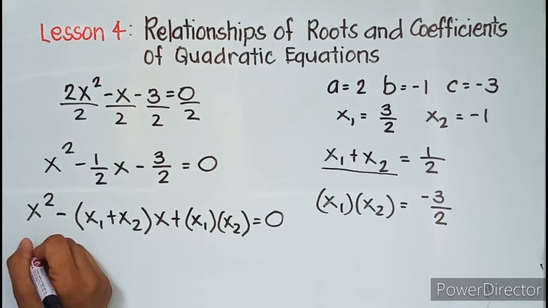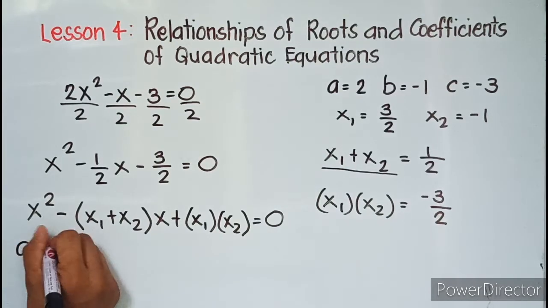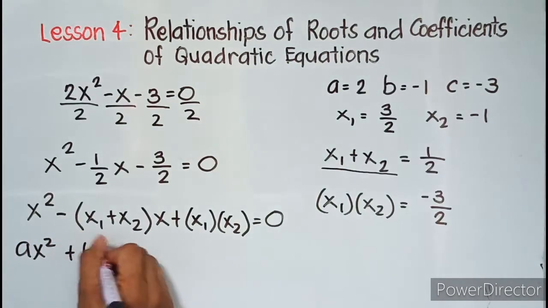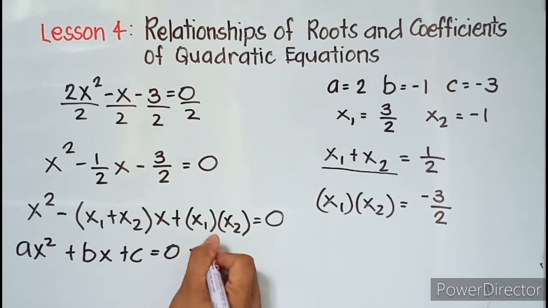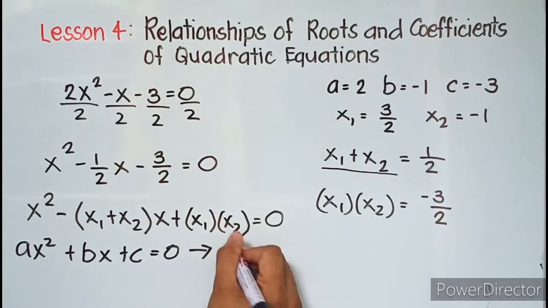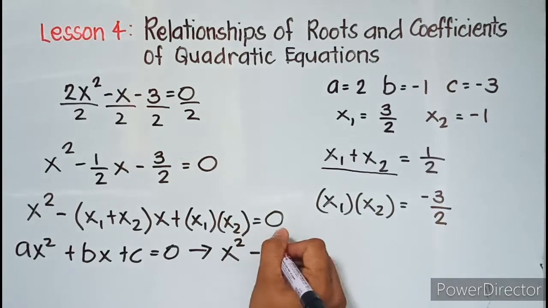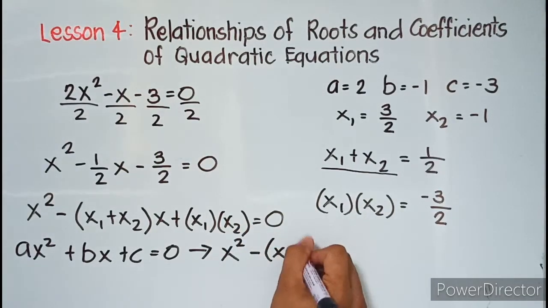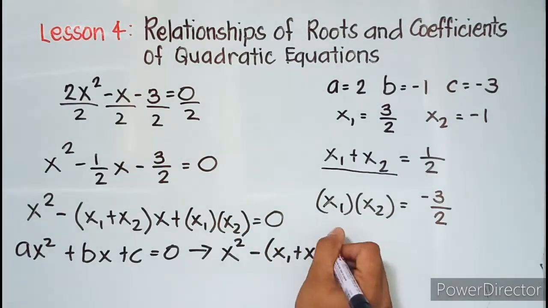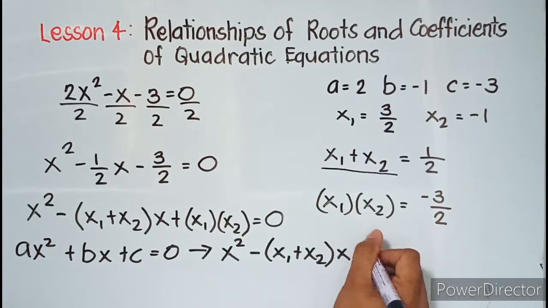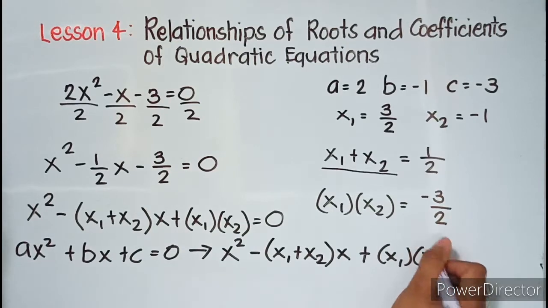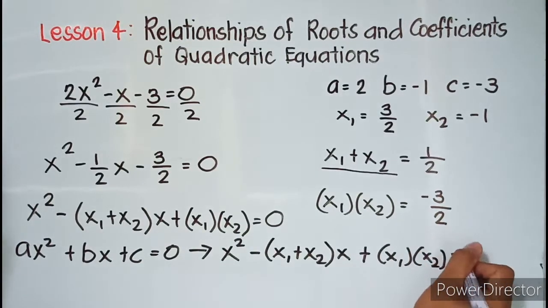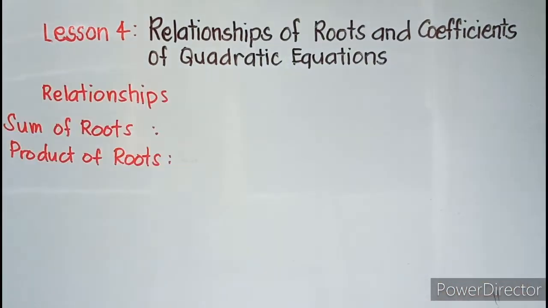So, yung ating standard form na ax squared plus bx plus c is equal to 0 ay pwede nating i-rewrite as x squared minus x sub 1 plus x sub 2 quantity x plus x sub 1 times x sub 2 equals 0.